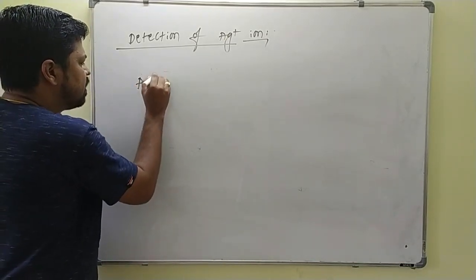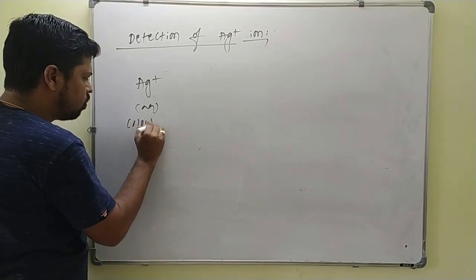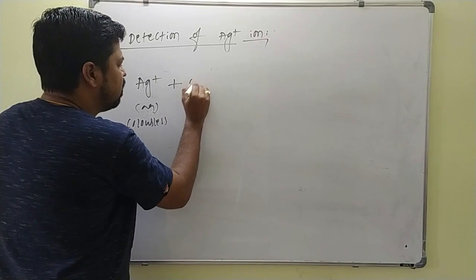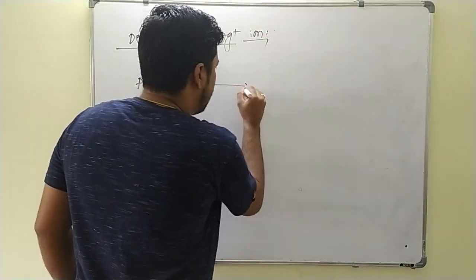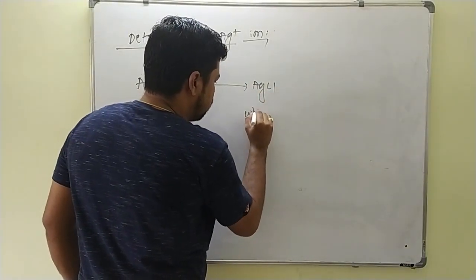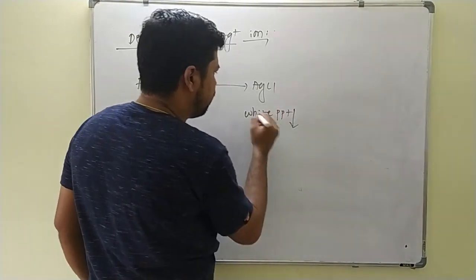This Ag plus ion in the aqueous medium is colorless. On treating with Cl minus ion, aqueous chloride, it will form what? A white precipitate of AgCl. Already we know this one. White precipitate of AgCl is formed.